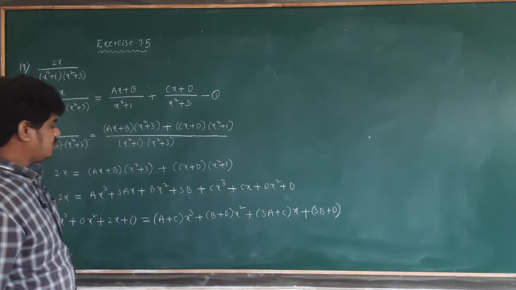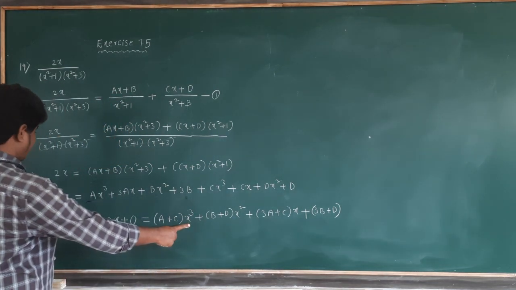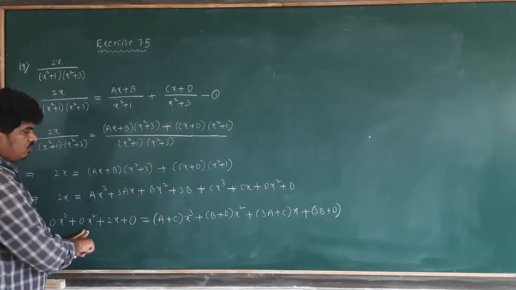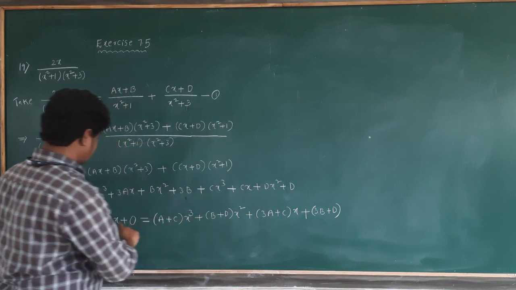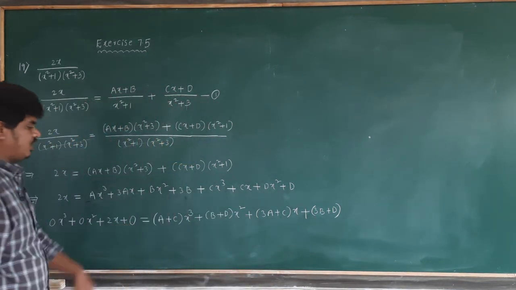By comparing the corresponding terms: a plus c equals 0, b plus d equals 0, 3a plus c equals 2, 3b plus d equals 0.